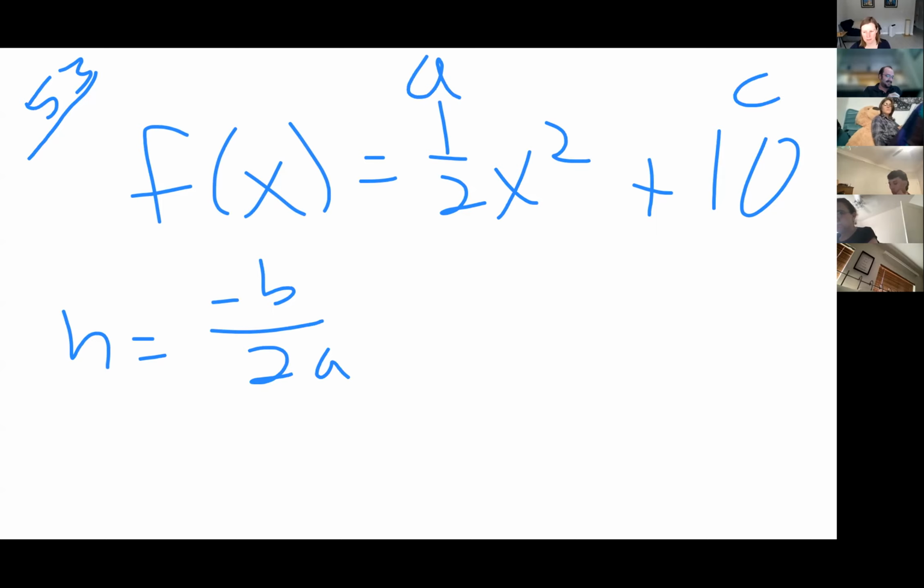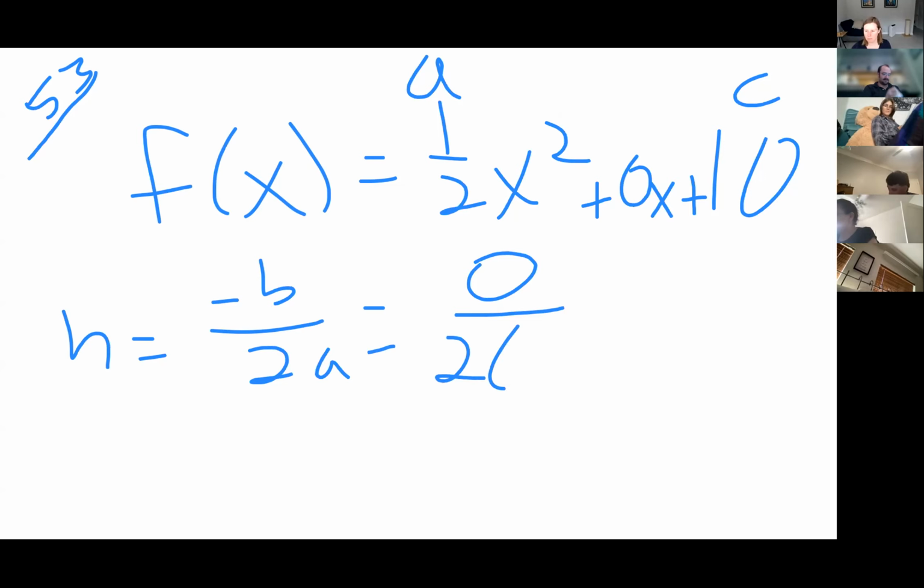If I don't see it, you can write in basically a 0x. It's got a coefficient of 0. And if that's the case, my B is 0. So I have basically 0. A negative 0 is still just a 0. Over 2 times what? 1/2. Half.